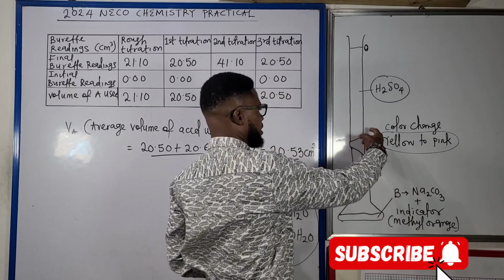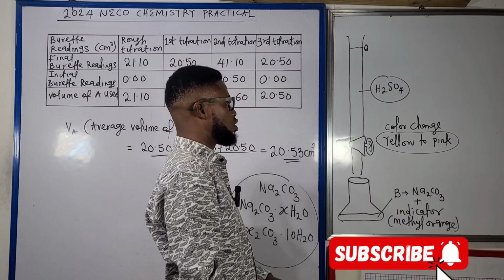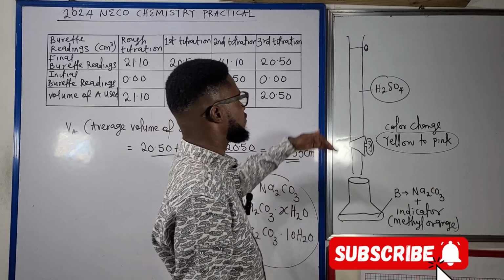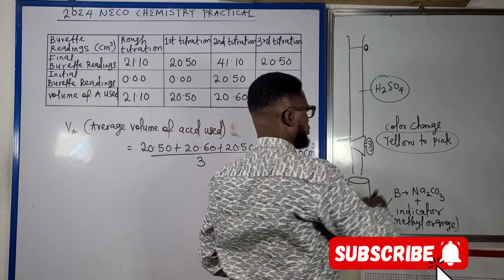At that point, we immediately lock the jet of the burette, and of course take our readings on the burette. So the color change here is yellow to pink.